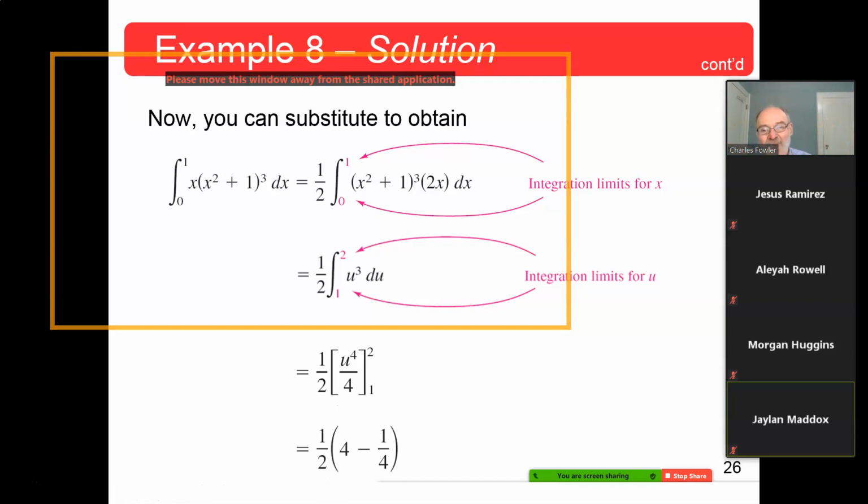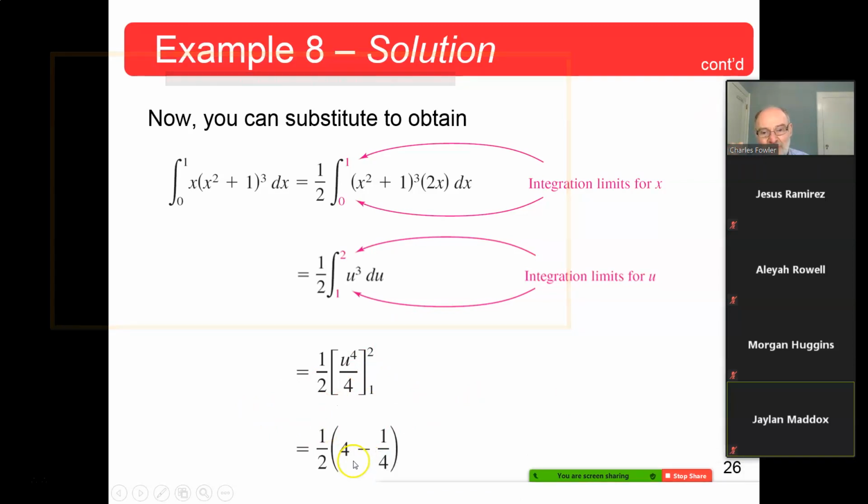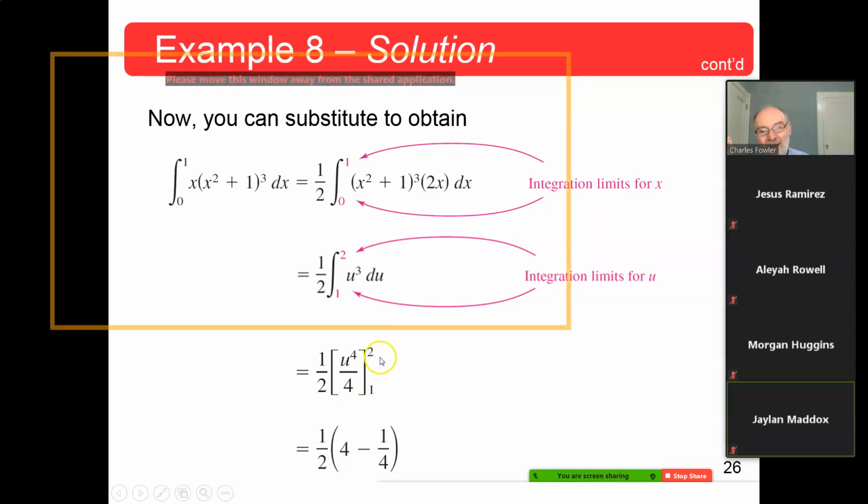Again, they did it the hard way, but it's perfectly fine. 1/2 of 4 minus 1/4, that's what you get when you plug in: 16/4 is 4 minus 1/4 is 1/4. So this will be 3 3/4, which happens to be 15/4 times 1/2 would be 15/8.